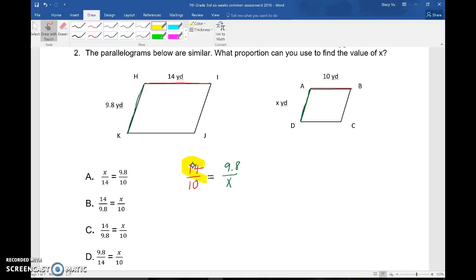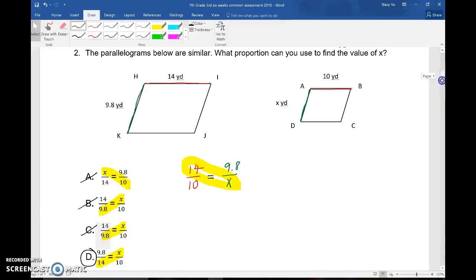So 14 and x is what I'm looking for. So here, 10 and x are in the diagonal. I have 9.8 in x, 9.8 in x, and 14 in x. So since I need 14 in x, the only one that has 14 in x in the same diagonal is D.